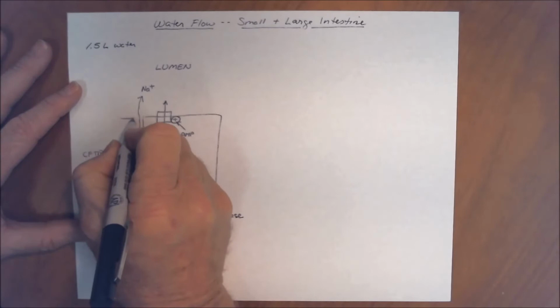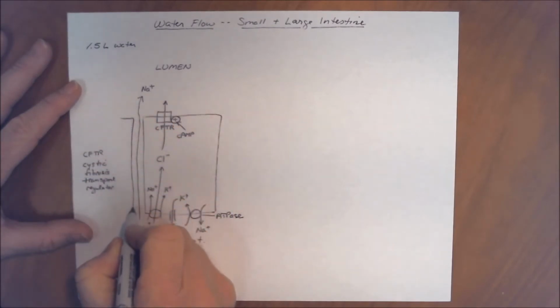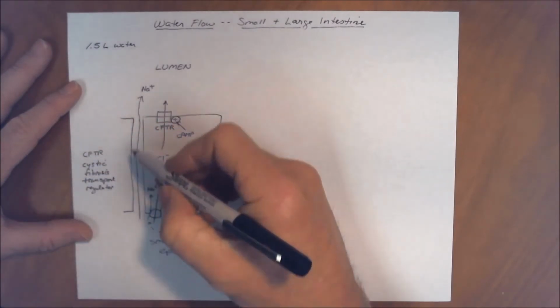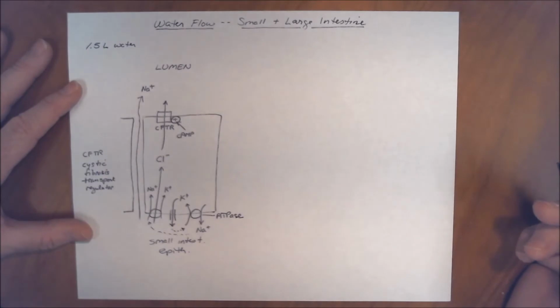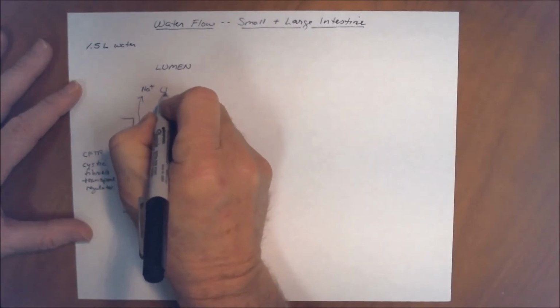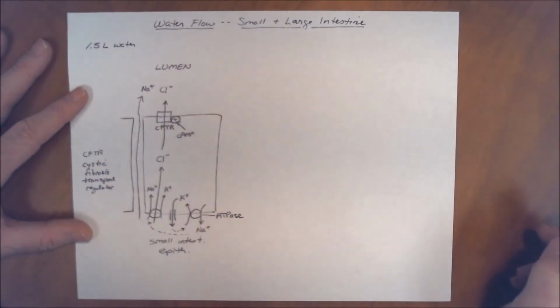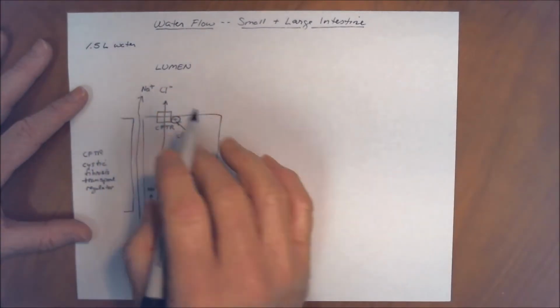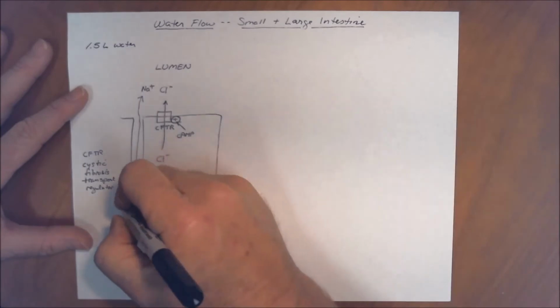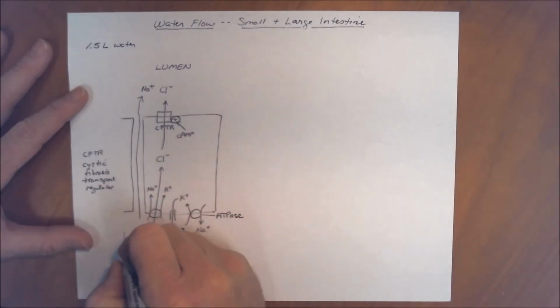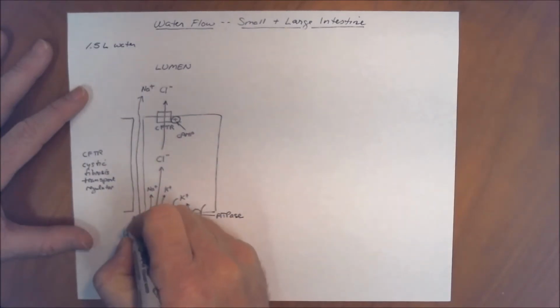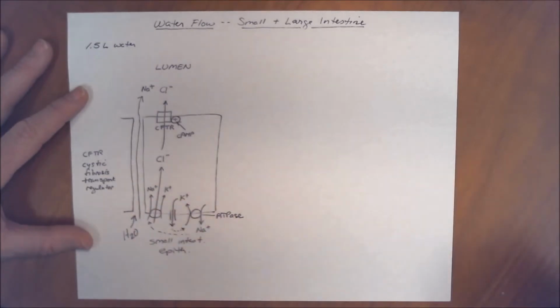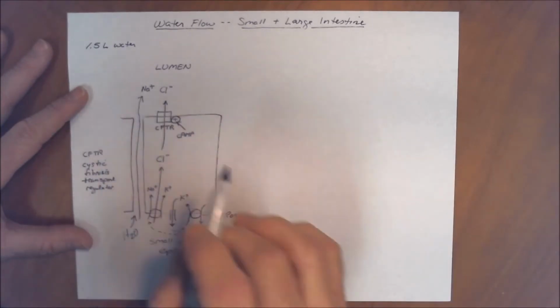So this would be an adjoining cell. And the chloride will flow in between in the intercellular space in order to neutralize the chloride ion. Now that we have our salts moving into the lumen, water will flow from the interstitial space into the lumen of the intestine.